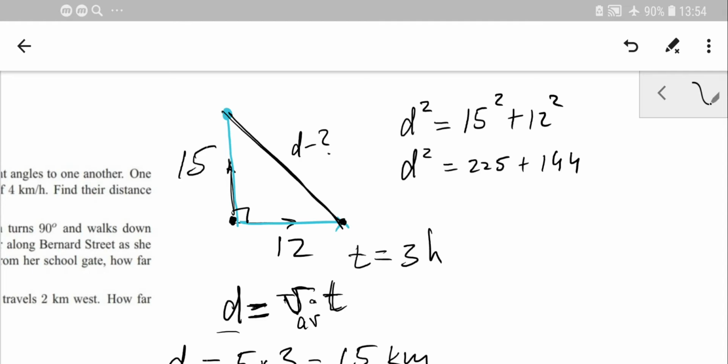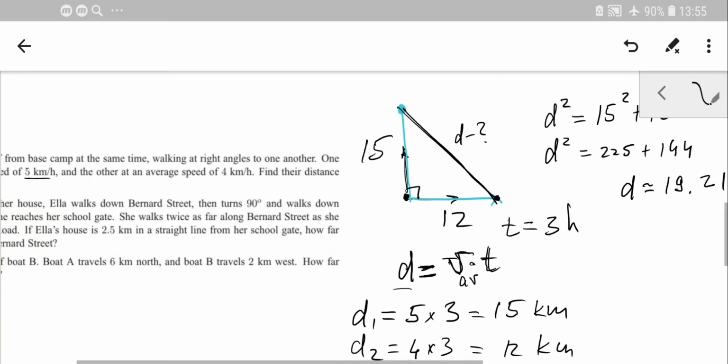So square root of 225 plus 144, that's around 19.21 km. Alright, that's the distance.